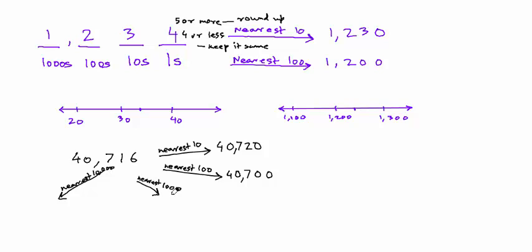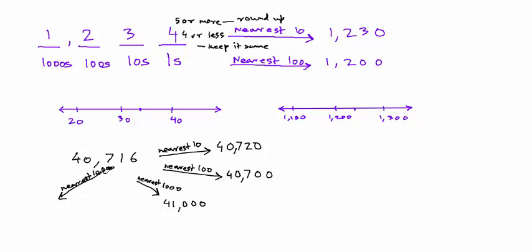How about the nearest 1000? The 0 is in the thousands place. To the left of it we have a 4, and then the 0 changes to a 1 because we have a 7 after that. 5 or up rounds up, and then everything changes to 0 after this place. So you have 41,000, that's to the nearest 1000.